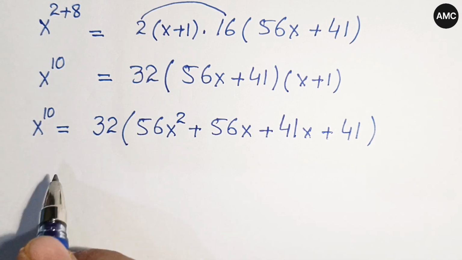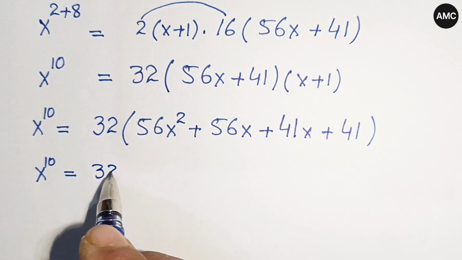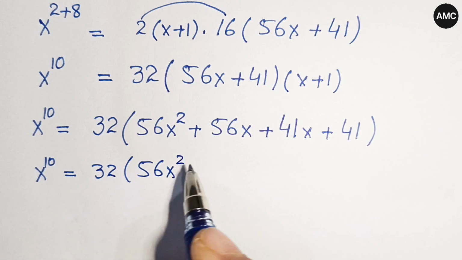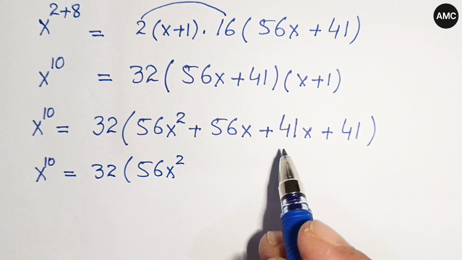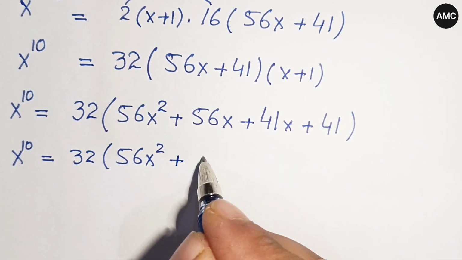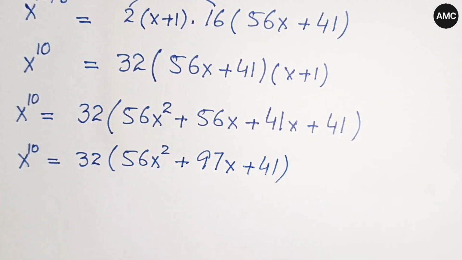Now x to the power 10 is equal to, first of all adding like terms, then we have 56x squared plus 56x plus 41x, we get 97x plus 41.